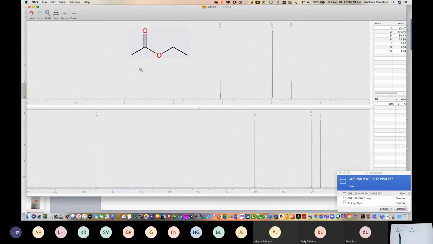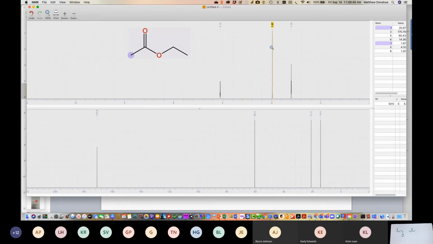Notice when I highlight the peak to the farthest right at 1.20, the chemical shift of the protons there is 1.20, and the highlighted carbon is at 14.4, and again, that's the chemical shift.